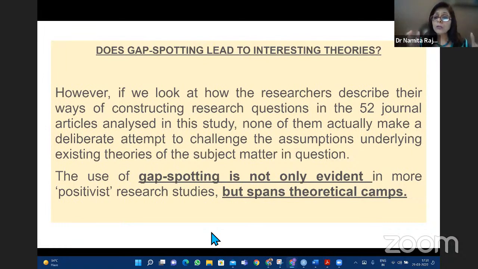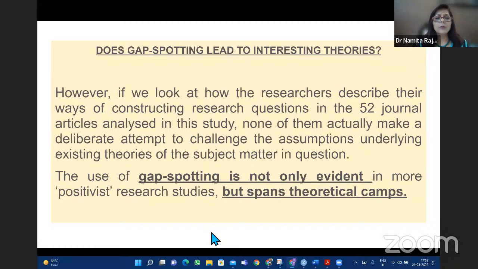Now this kind of work is very inadequate. This kind of work, people don't want to do. So this is a question mark here. People just want to spot the gaps, move around the bush. Okay, he has done it in America, I'll do it in India. He's done it in Thailand, I'll do it in America. He's done it in America, I will do it in South Africa.